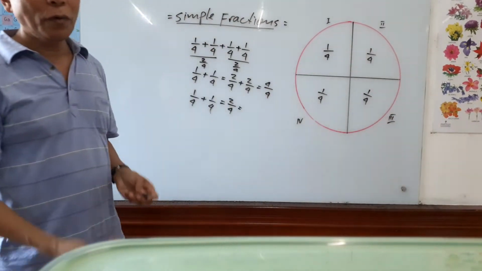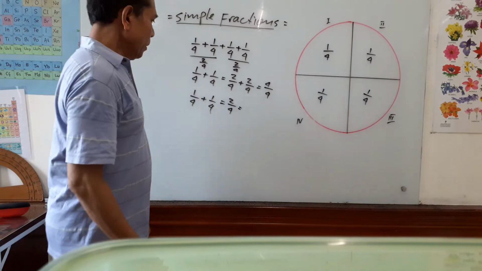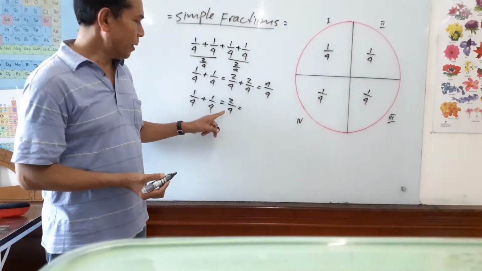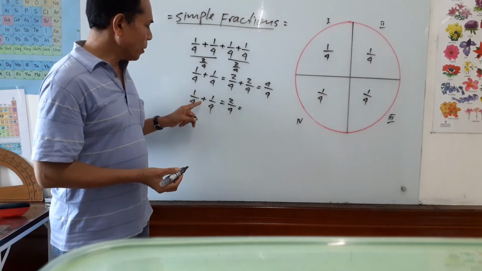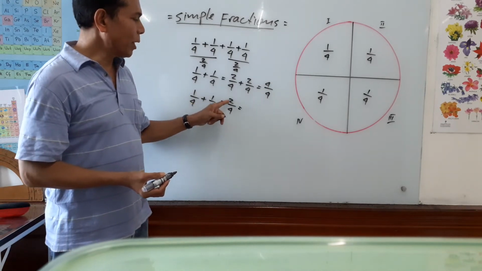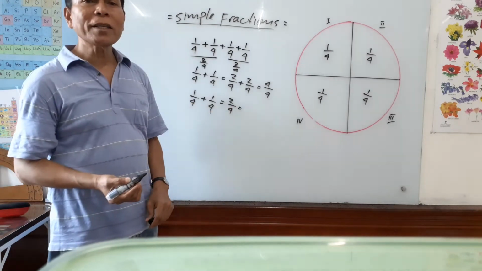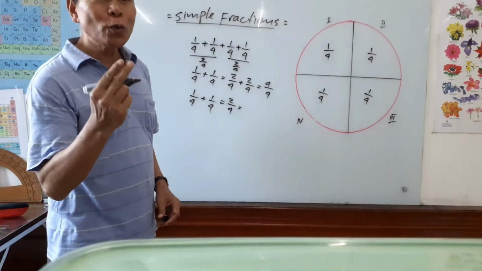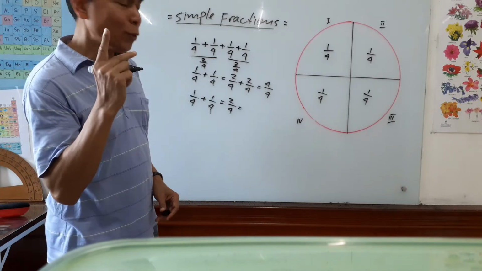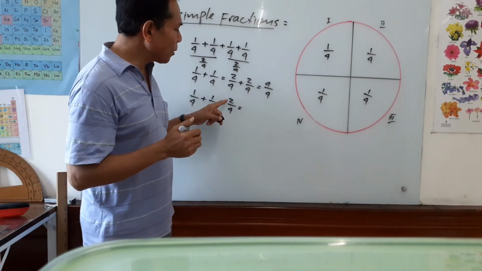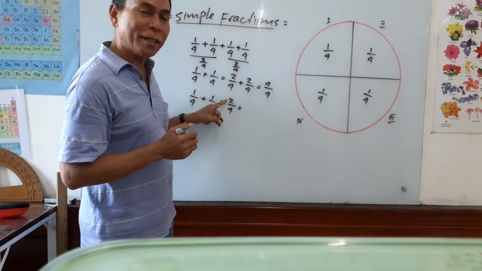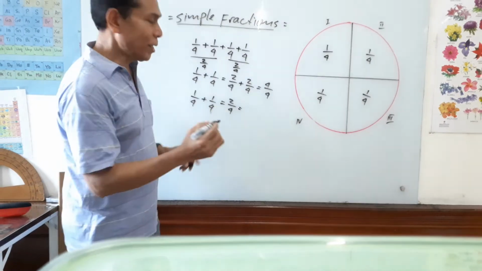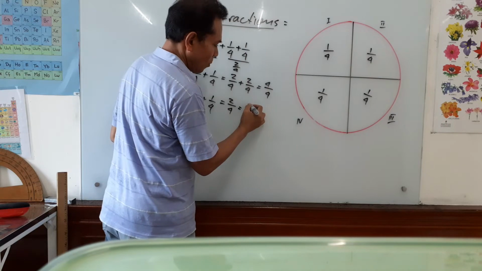4/4. Now we look here. 1/4 plus 1/4, we have 2/4. Can we simplify this? Yes, of course we can simplify. Now, if we take number 2, we divide this 2 here, numerator and also denominator. So 2 divided by 2 is 1.